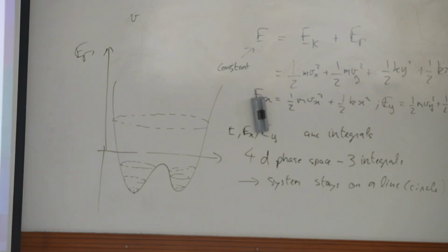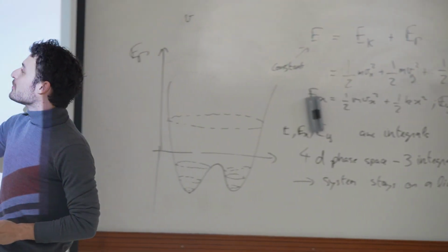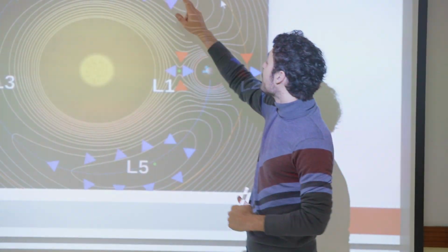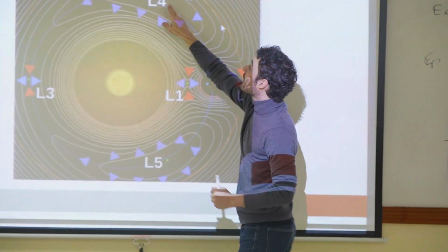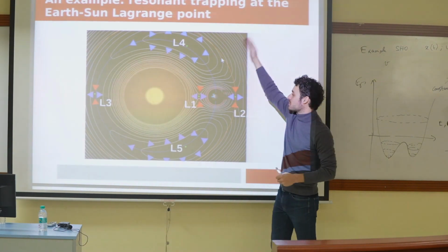And if you do that, you realize that there are actually 5 points which are of notable interest. These 5 points are called the Lagrange points, and they're the points where you have a precise compensation between the influence of the Earth's gravity field, the sun's gravity field, and the centrifugal force, which pushes things away towards outer space.